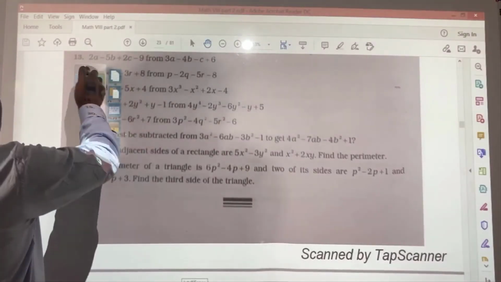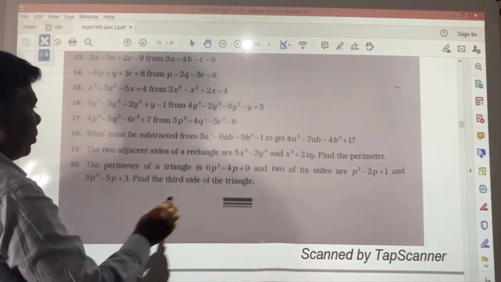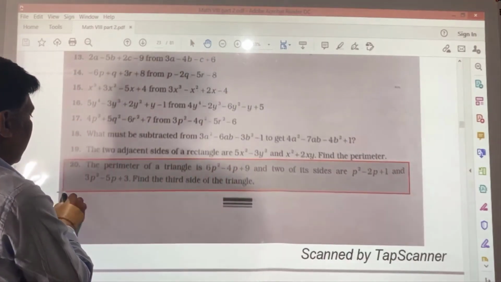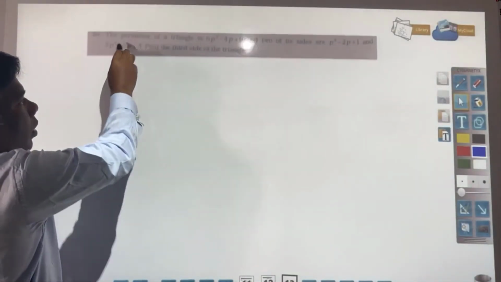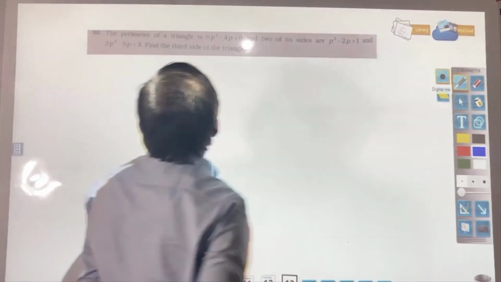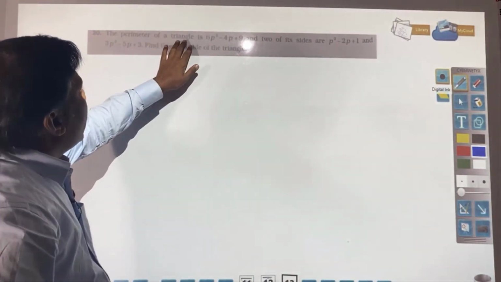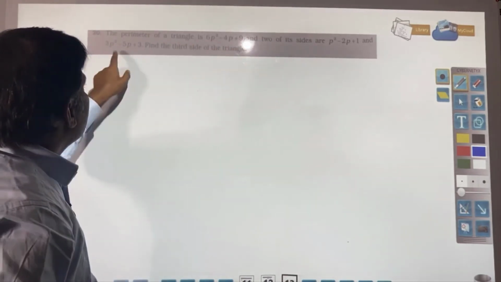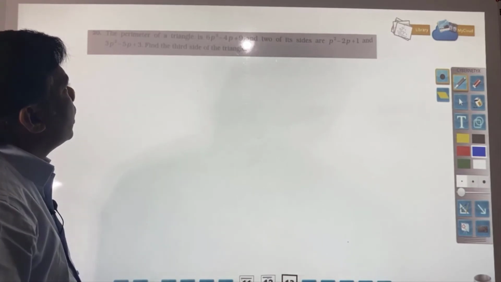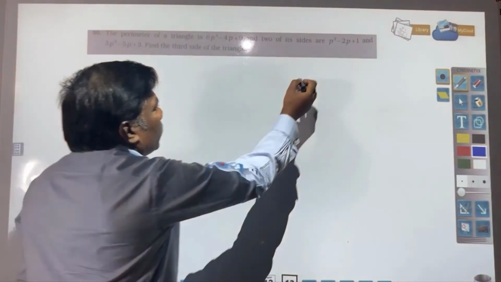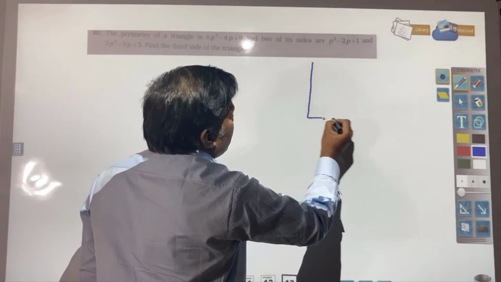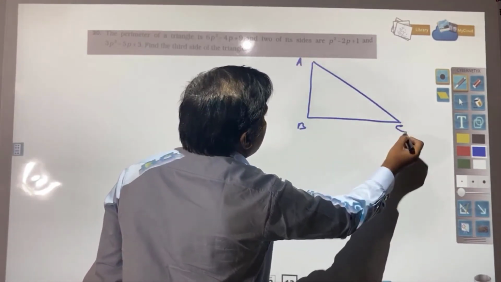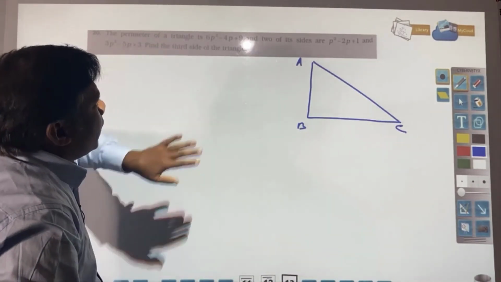Then we have the last question. Here you have the perimeter of a triangle is this, and two of its sides are this and this. Find the third side of the triangle. Suppose a triangle is given in this way, A, B and C, and the perimeter has been given.